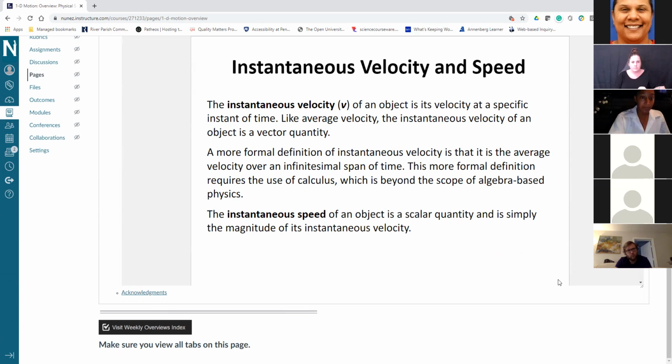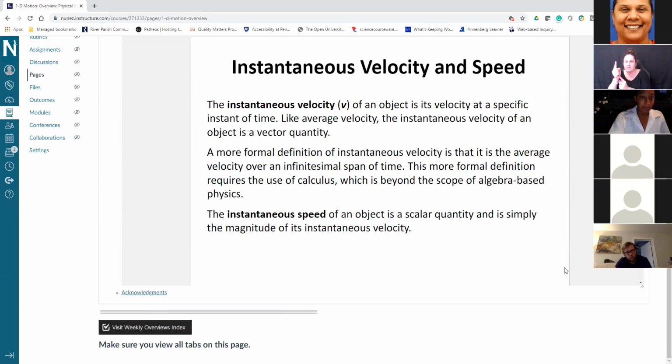Instantaneous velocity and speed. These are two very interesting properties, because it's almost like you have to take the time and freeze frame to get them. So for instantaneous velocity, you're asking what is the velocity at an instant of time, at a particular moment in time?